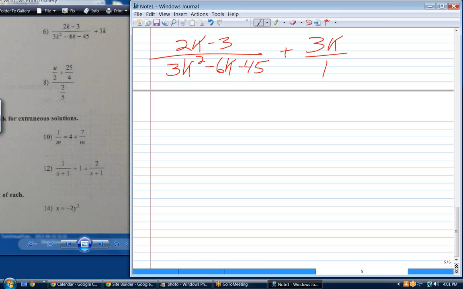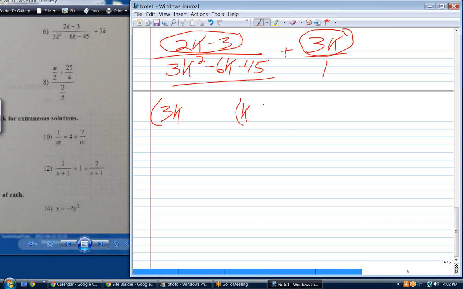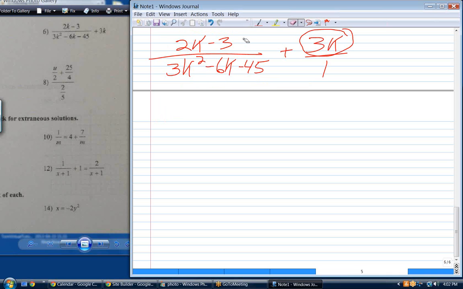And neither of those factors are going to be able to cancel out with that factor right there or this factor right here, because 3k squared has to start with 3k and k. There's no 2k there. So there's no way I'm going to be able to do anything with it, even if it factored. So I'm not going to give it much attention. I'm not going to try to factor this quadratic in the bottom.